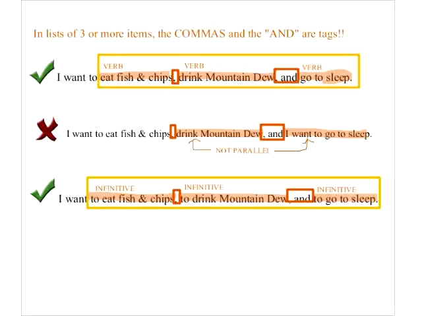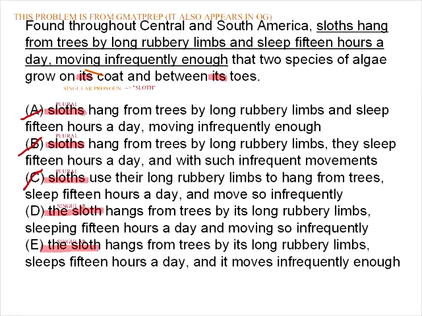As we said on this slide, the commas and the "and" are tags. So same as here, this E at least tries to have a list of 3 parallel items. So "comma and" is a tag. This comma is a tag. Just for clarity, we'll show that tag in 2 pieces. So that's a tag, and "comma and" is a tag.